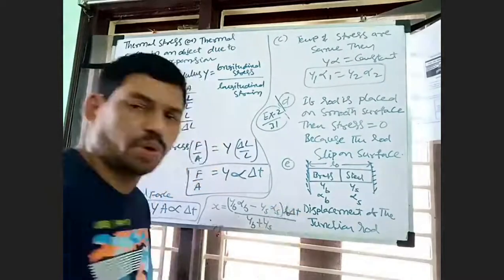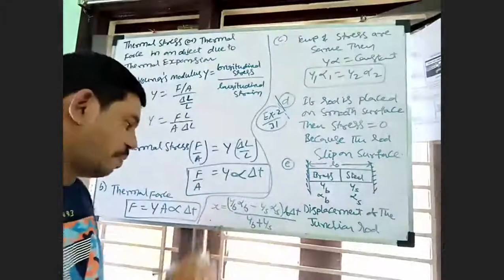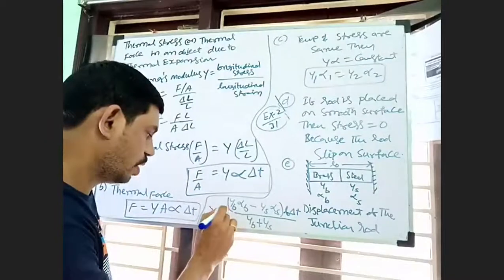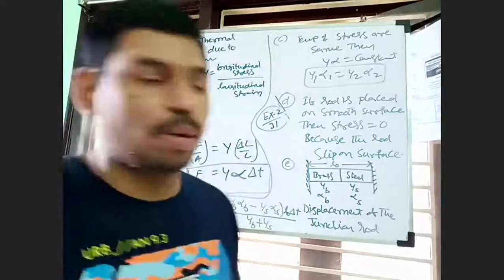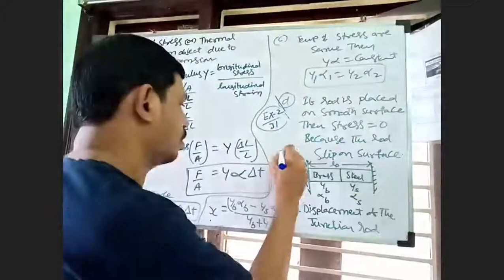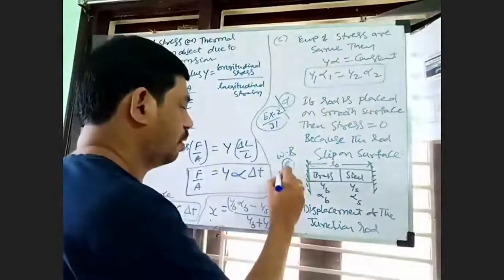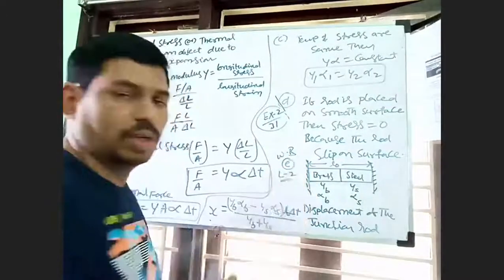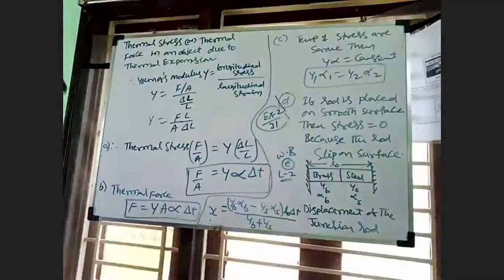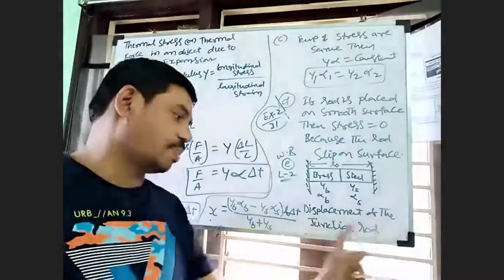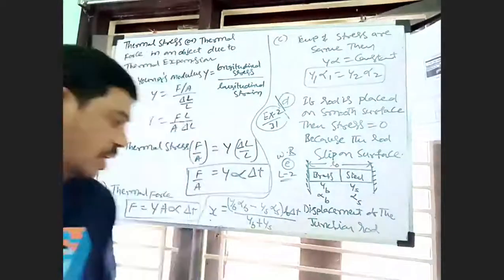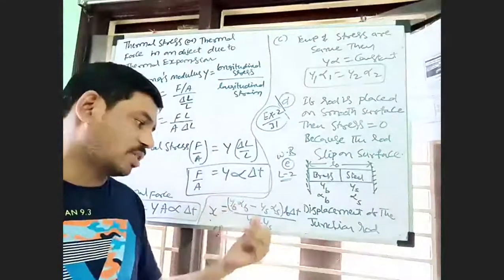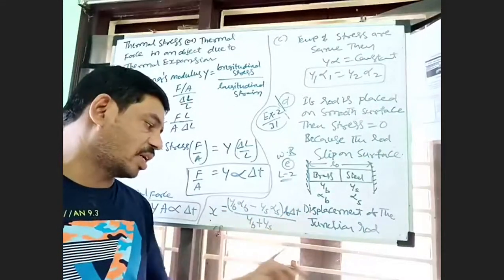So no need of proof. Refer to the workbook, level 2. The displacement of the junction rod is calculated as x equal to (Yb alpha b minus Ys alpha s) into L naught delta T by (Yb plus Ys).